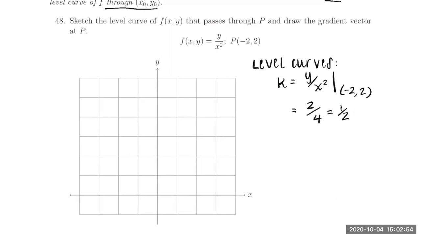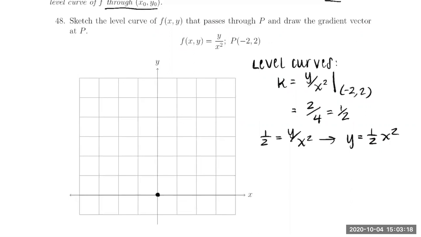All right, so that being said, I now know that my level curve is 1/2 equals y over x squared. So if I want to plot this level curve, typically we solve for y, and I get y equals 1/2 x squared. So let's accurately sketch this on the grid here provided. So we have 0, 0.